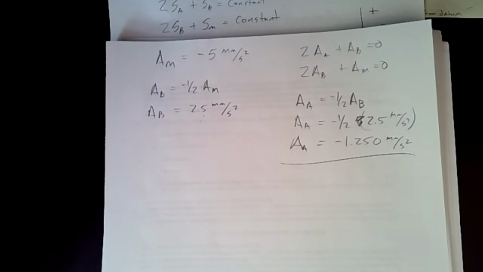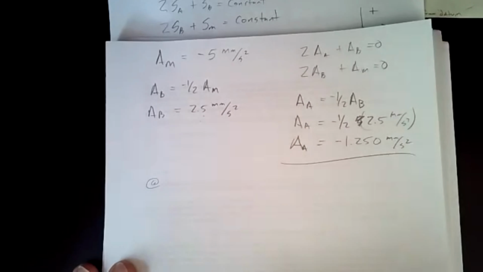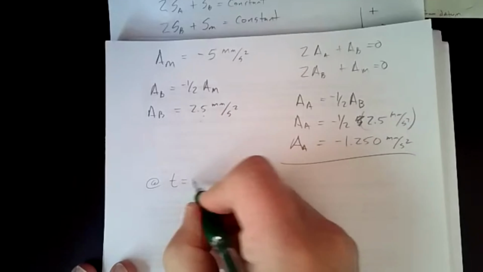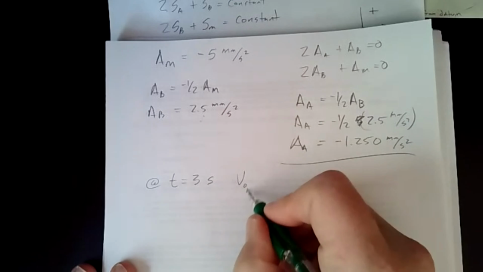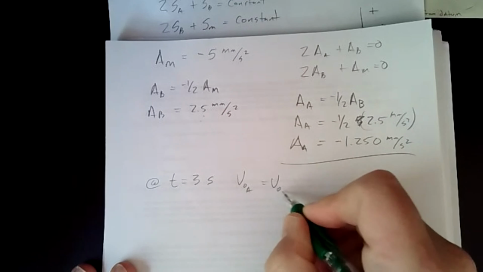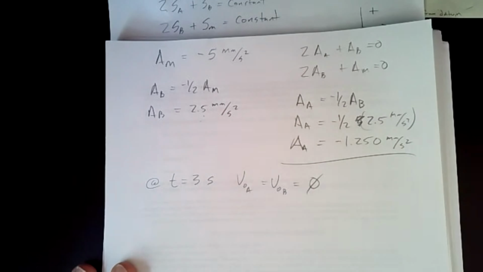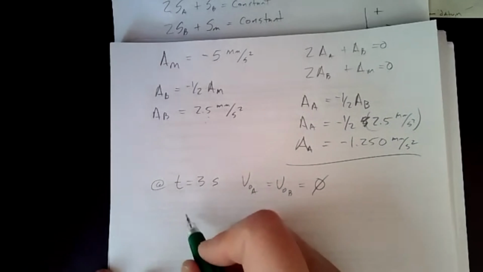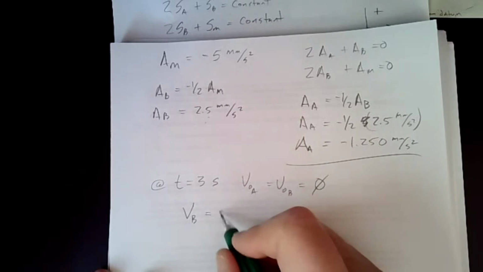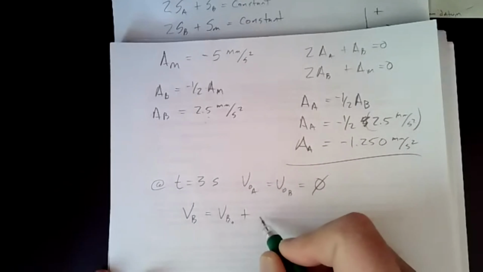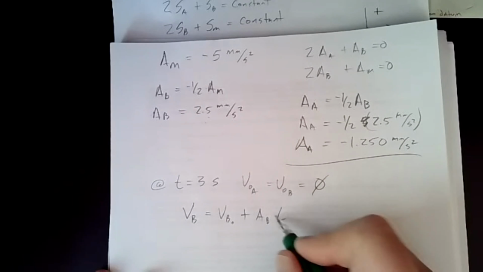And then the last thing it says is, what is the velocity of A and B at 3 seconds? We started at rest, so at time equals 3 seconds, the initial velocity of A equals initial velocity of B, which is 0. We just go back to our old kinematic equation: VB is equal to VB naught plus the acceleration of B times time.